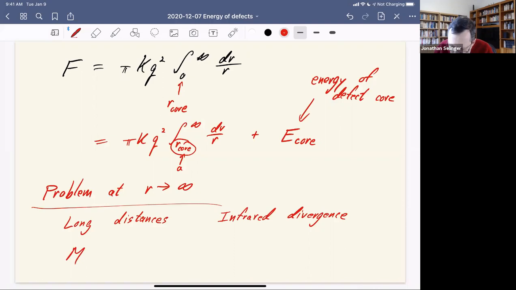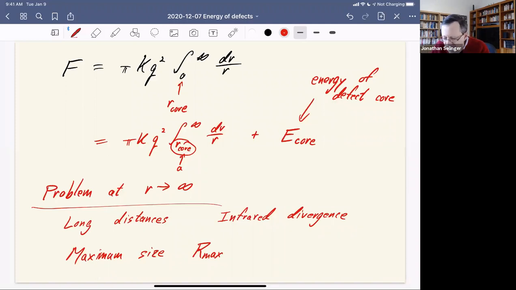All right, so we could just put in a maximum size, let's call it capital R max. We'll say the experiment is not infinitely big. We just need to put in something associated with how big the experiment is.